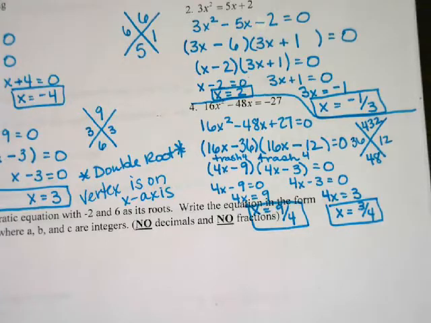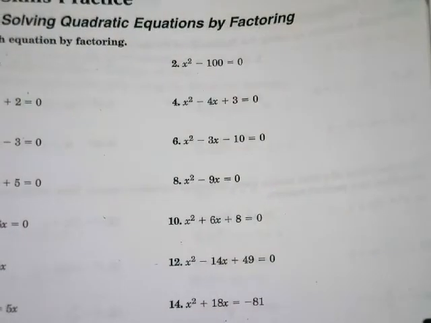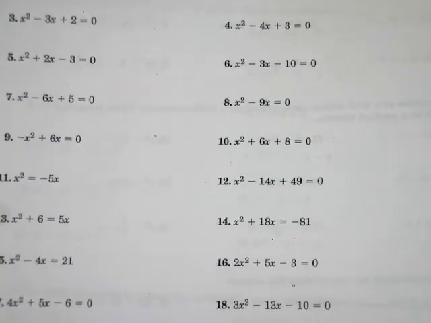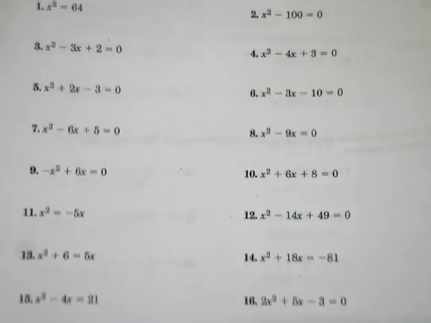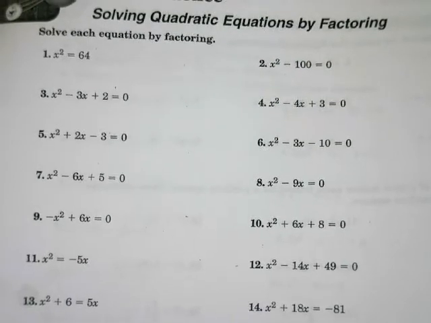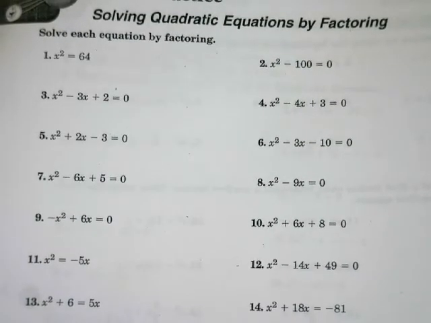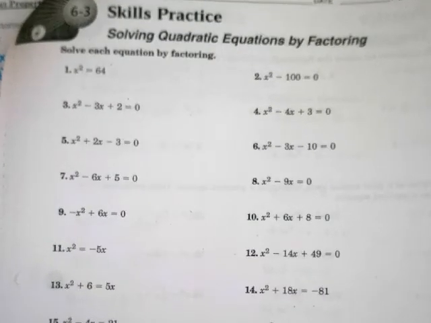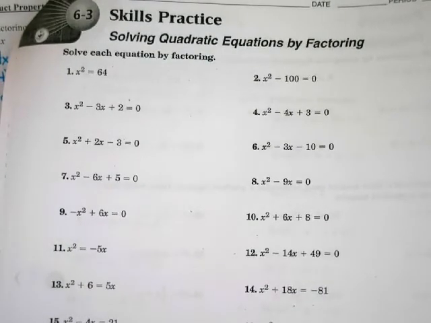Okay, so let's look at your worksheet before I do 5 and 6 because that's like going in reverse. So let's look at your worksheet. Solving by factoring. Trying to decide here.